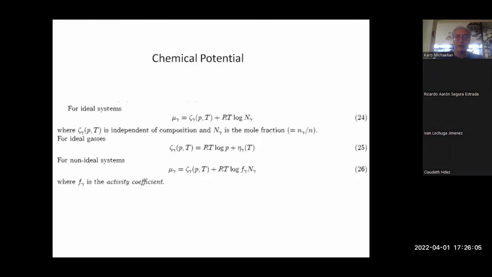This big N gamma is equal to the number of moles of substance gamma over the total number of moles of the system. So this goes between 0 and 1. This is what the chemical potentials look like in reality for ideal systems.